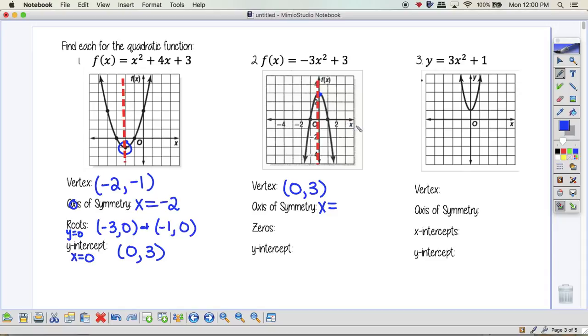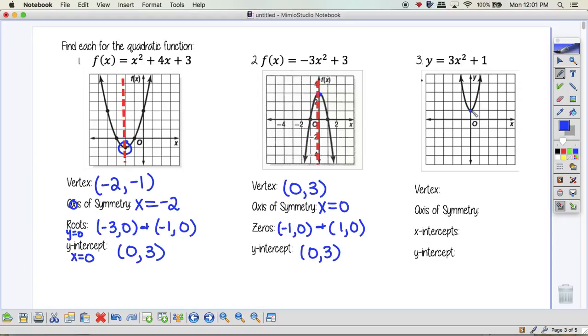And we want to look at where it crosses the x-axis. It crosses the x-axis at 0. What are zeros? Zeros are the same as roots or x-intercepts. This has a 0 at -1, 0, and it has one at +1, 0. And the y-intercept is at 0, 3.